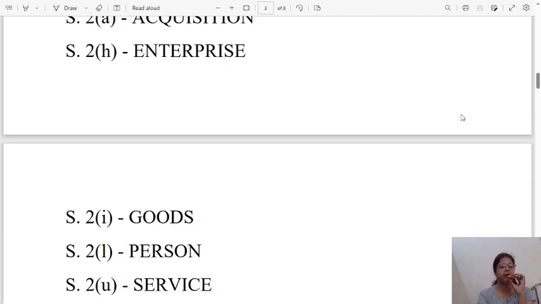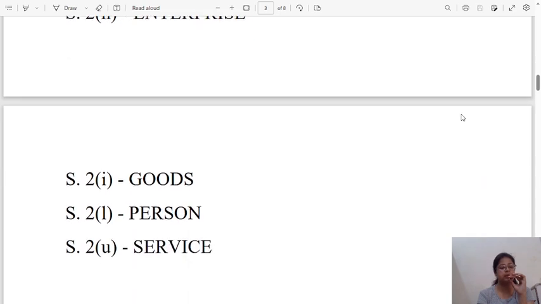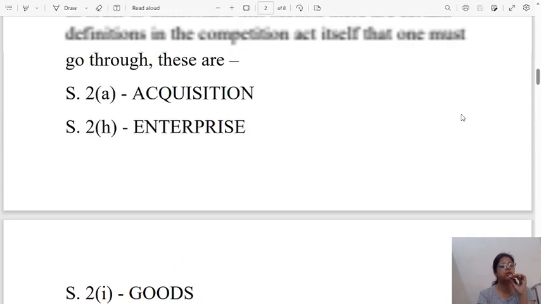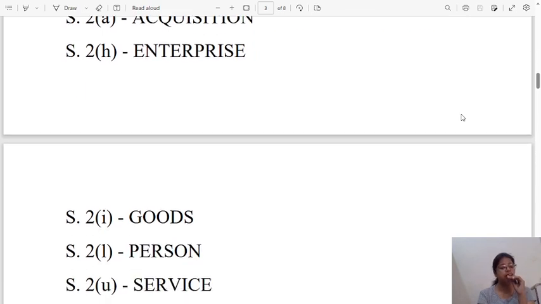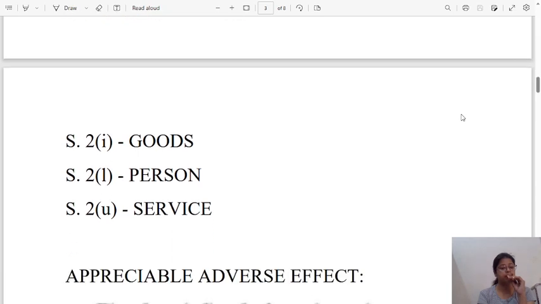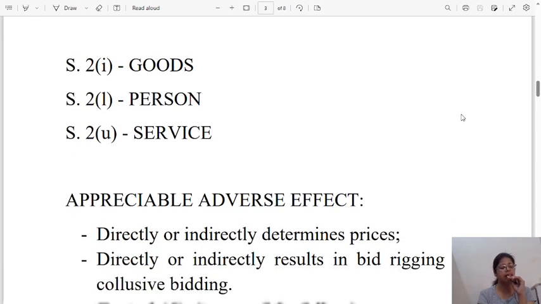They are written in front of you, which include the definition of acquisition, enterprise, goods, person and services. Their sections are also given: acquisition under 2A, enterprise under 2H, goods under 2I, person under 2L, while services under 2U. Please go through them at least once. After that you will be able to understand this section in a better way.